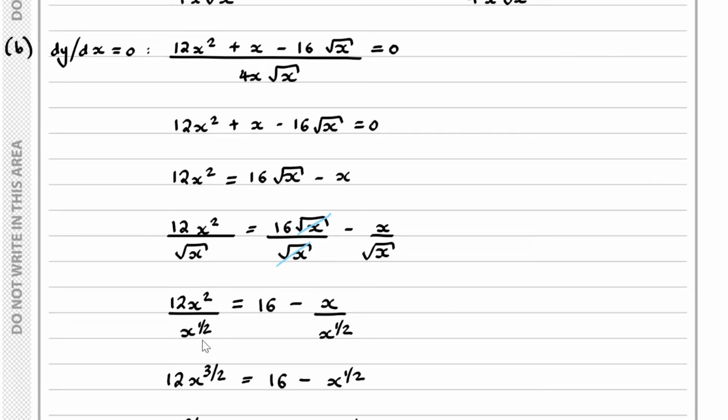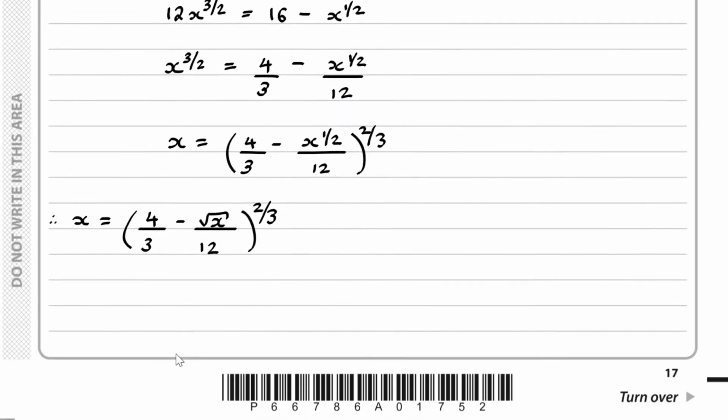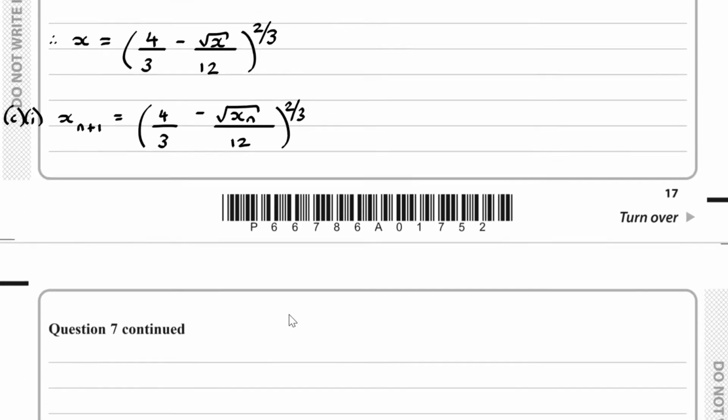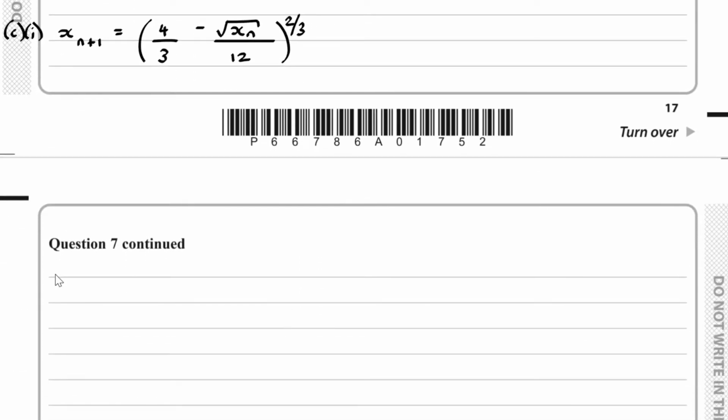So, if we use the iterative formula given to us for part C of the question, we have xn plus 1 equals 4/3 minus xn square rooted divided by 12, raised to the power of 2/3. And we know that x1 is equal to 2.